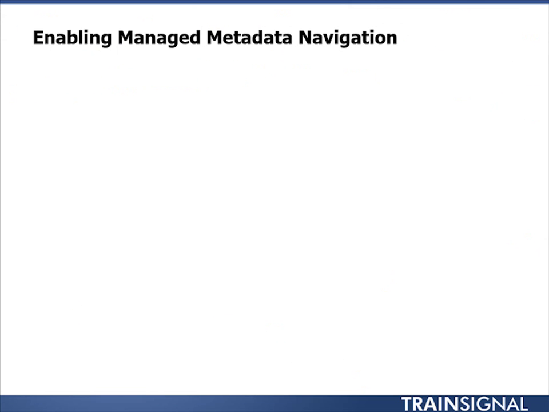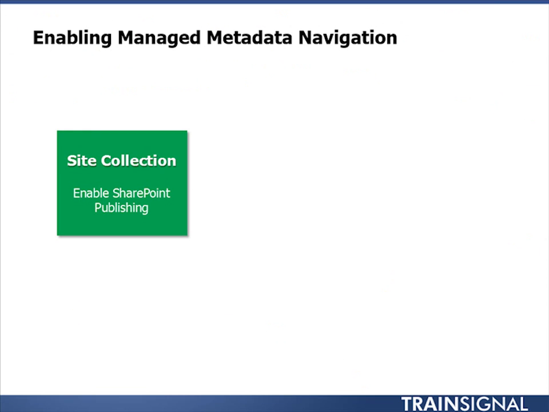Now, in order to enable managed metadata navigation, a couple of things need to happen. At the site collection level, we're going to need to enable a little feature called SharePoint Publishing. SharePoint Publishing actually activates quite a bit behind the scenes, so even if you're not necessarily using this for the traditional publishing story where I'm going to have my users go in and create pages, you still will quite frequently find yourself activating this feature just to enable some of the other cool things that come along with it, like, for example, managed metadata navigation.